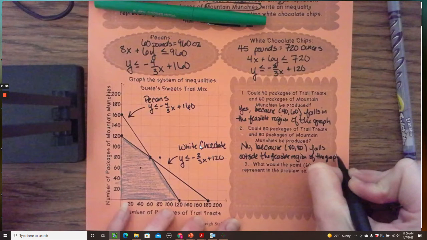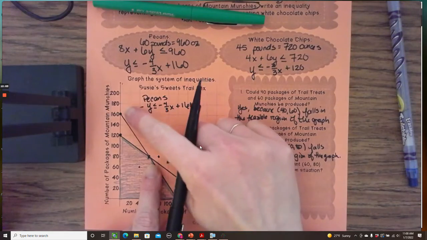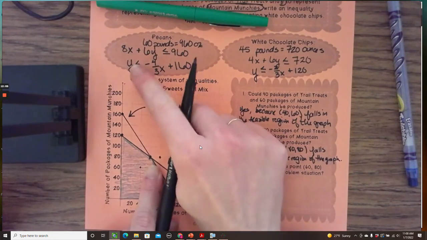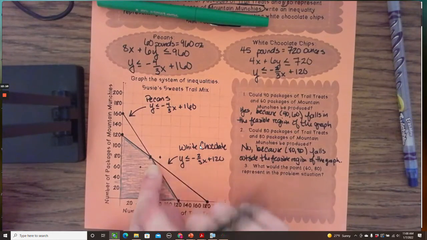All right, what would the point 60, 80 represent? So the other thing to remember with these inequalities, remember if there's a line underneath them, solid line. If it's just the less than or greater than, it's that dashed line. So points that fall on the line, if it's a dashed line, don't count.